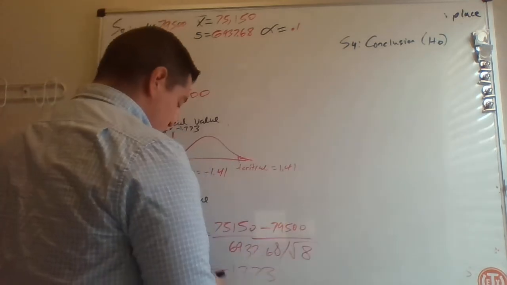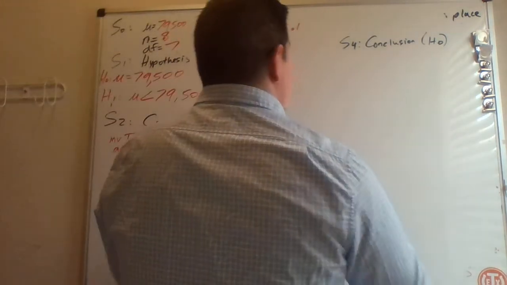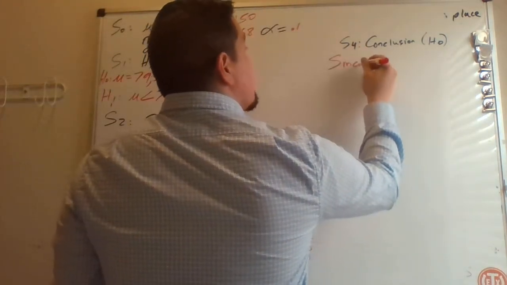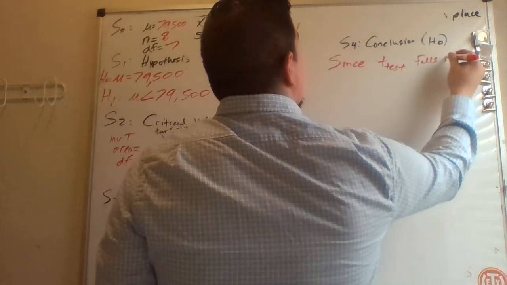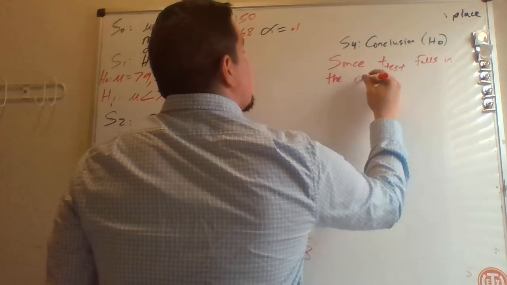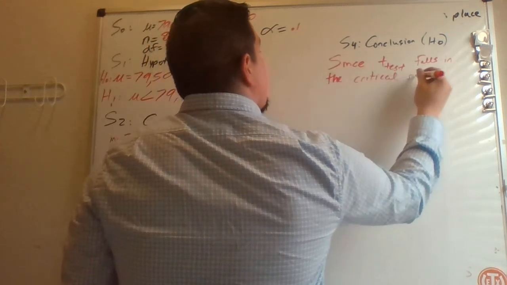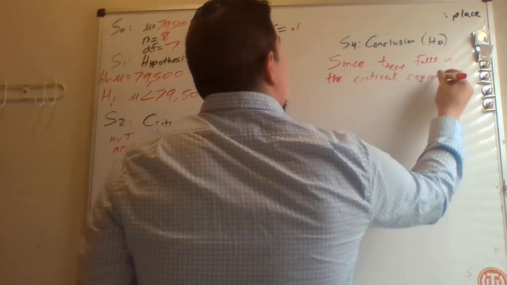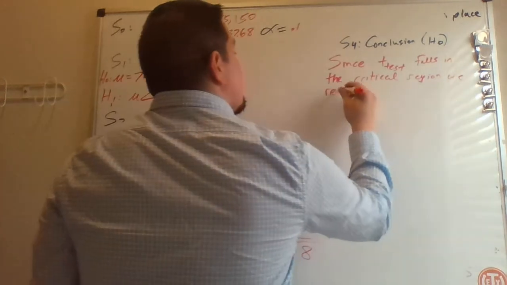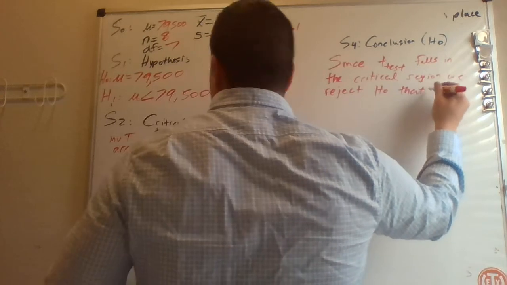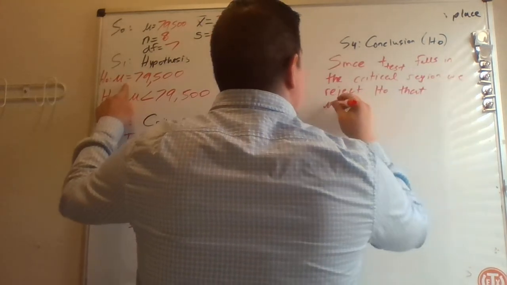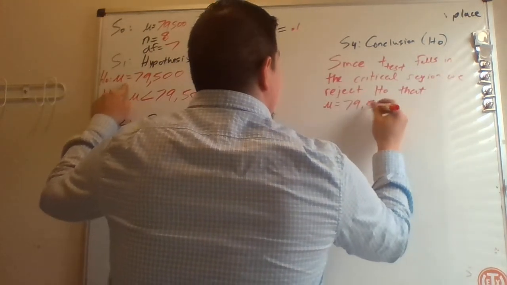So our conclusion would be, since t-test falls in the critical region, we reject H naught, that the mean is equal to $79,500.